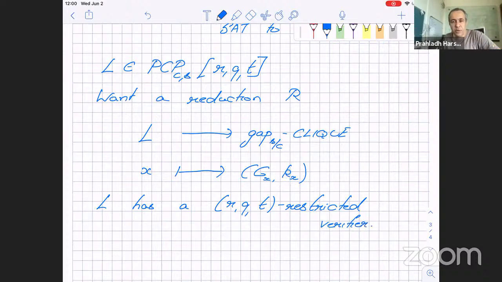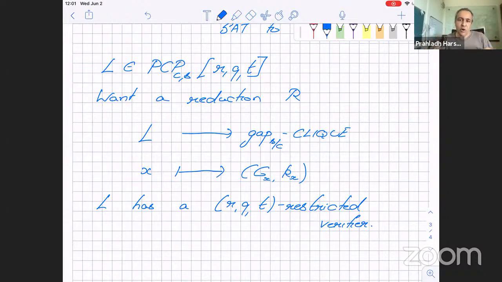This means on input X, the verifier tosses at most R random coins, decides to probe the proof at just Q locations, and then comes up with a predicate, but does all of this within time T. And then if the string is in the language, there is one such proof which causes the verifier to accept with probability C. So C fraction of the random tosses will cause it to accept.